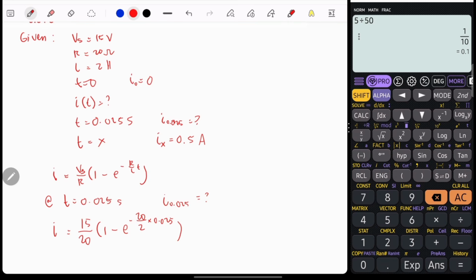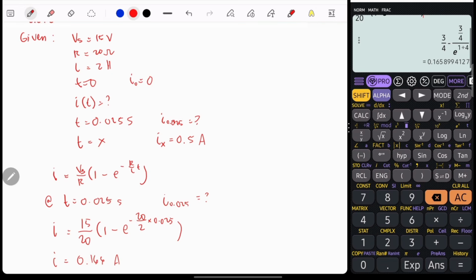So just use your calculator. 15 over 20, 1 minus e to the negative 20 over 2 times 0.025. The result is equivalent to 0.166 amperes.